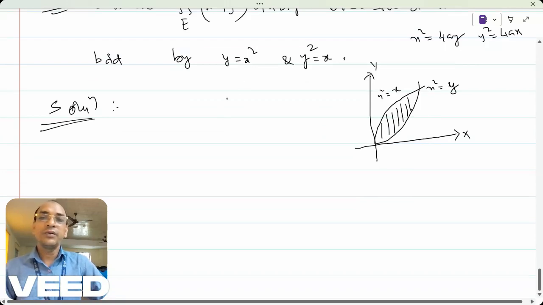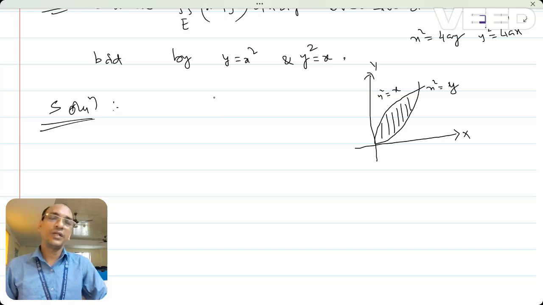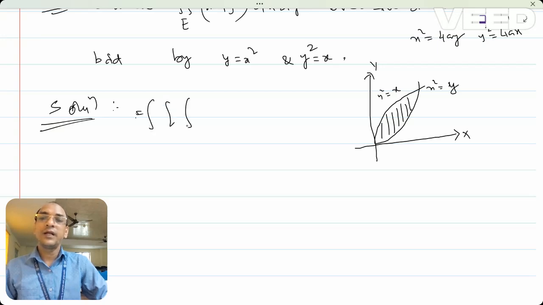At least one thing we know here: we can take x as the inner integral and y as the outer integral, or y as the inner integral and x as the outer integral, and accordingly we have to put the limits. So I will write the integration with my function f(x,y) as x square plus y square, and suppose I put y as the inner integral and x as the outer integral.